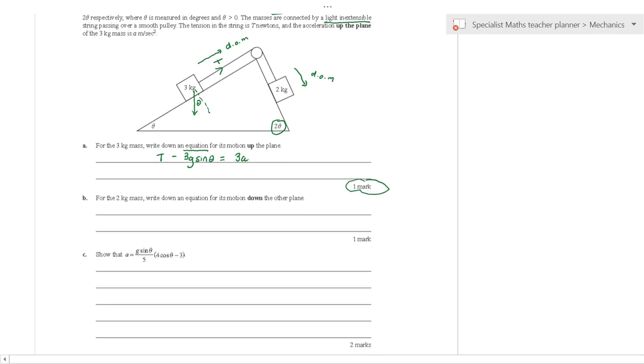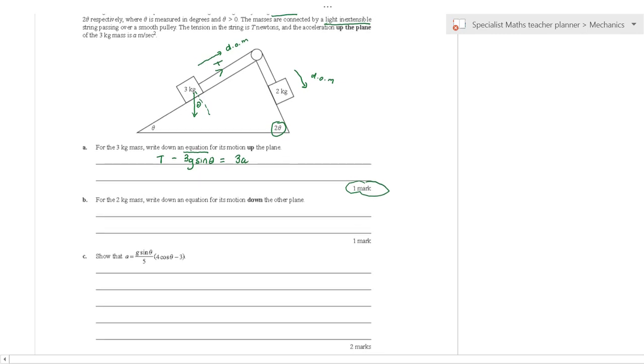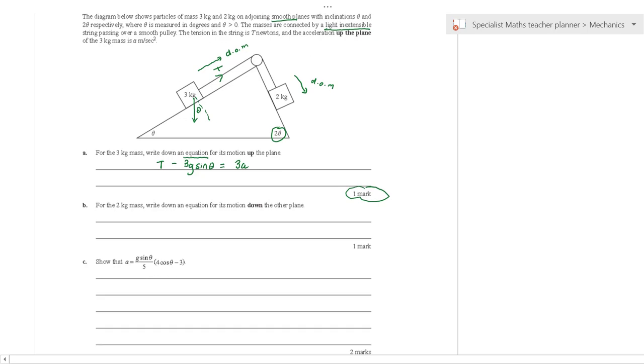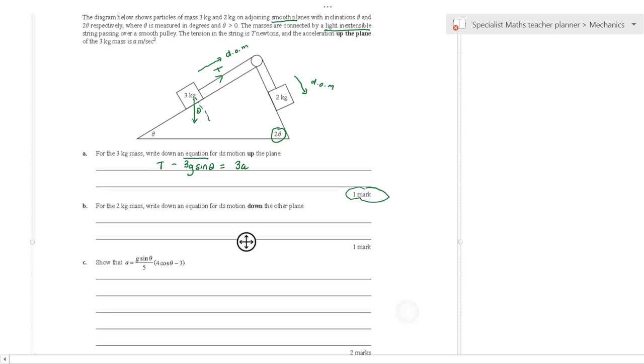Don't do anything more. For the 2 kilogram mass, write down the equation for motion down the other plane. So this angle here is 2 theta, and the weight force is going to be down that plane.